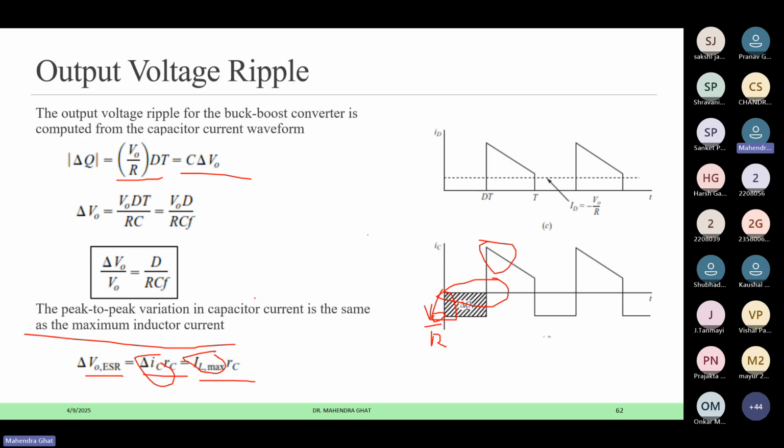Any doubt regarding the buck boost converter? I went very fast for this one because we still have to cover a lot of things. That's why I thought to go at somewhat higher speed. But we will spend some time to clarify the doubt if you have anything.